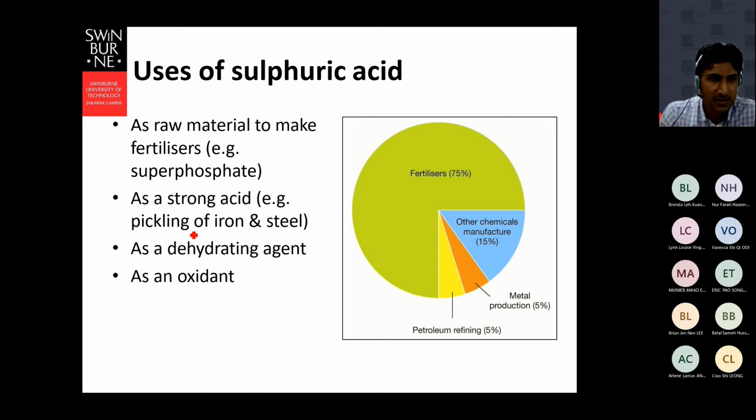Many things need sulfuric acid. So how does it need to be produced? Many countries produce sulfuric acid.